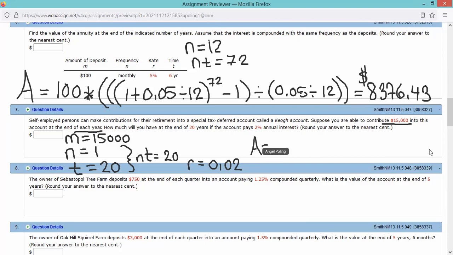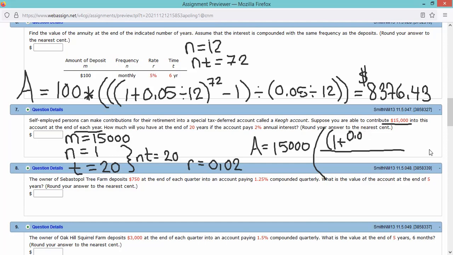A equals M times the quotient of 1 plus R divided by 1. So we don't really need to divide by 1.